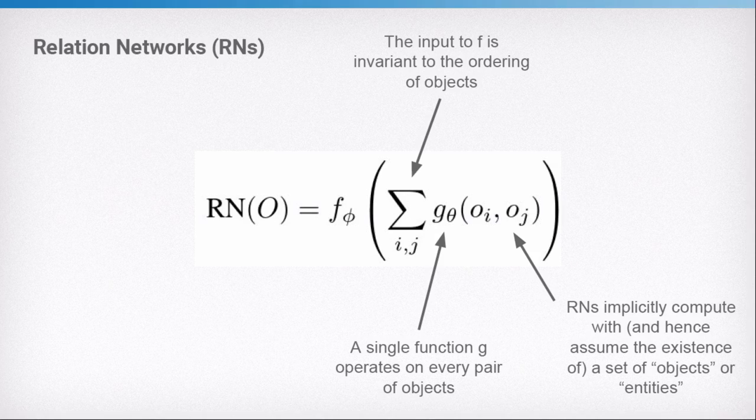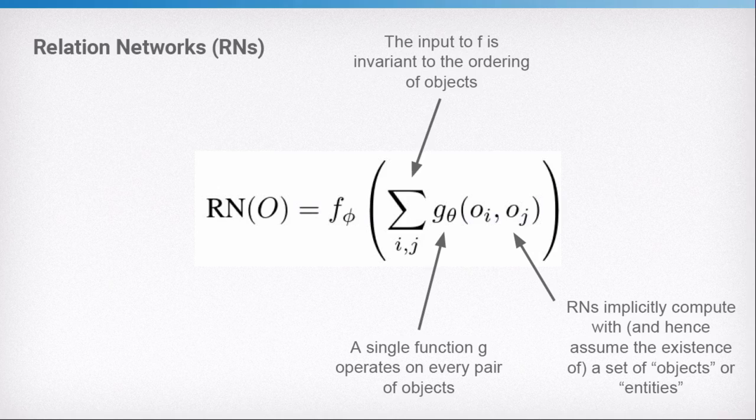And it looks like this. We start off with a set of objects, and here we denote an object by the lowercase o, so o_i, o_j. And we feed pairs of objects from this set into a function g, which for us is just a small MLP. Importantly, this same function, the same MLP, operates on each pair of objects from this set.